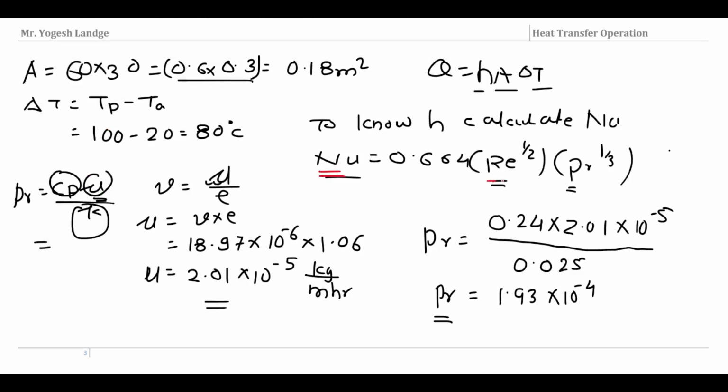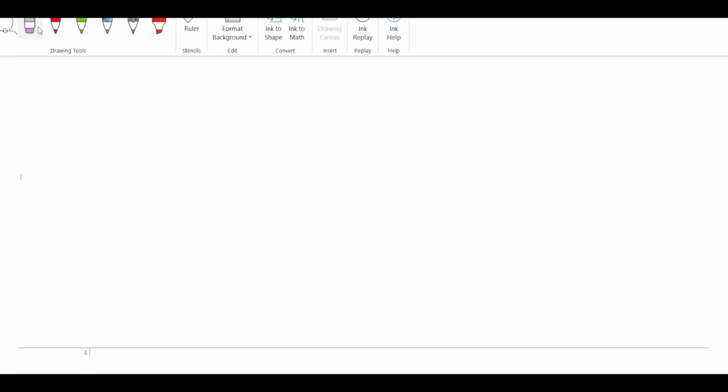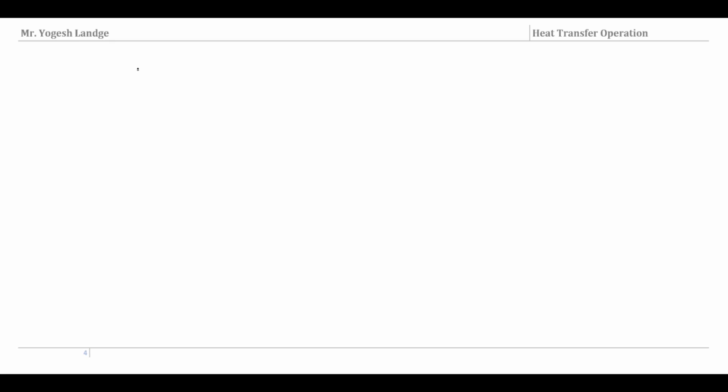For that, the Reynolds number is already given to me, and the Prandtl number value is from here. We need to put it here, and we get a value of Nusselt number. Okay, so let's do that part and calculate. Here we use the correlation: the Nusselt number is equal to 0.664 into the Reynolds number.